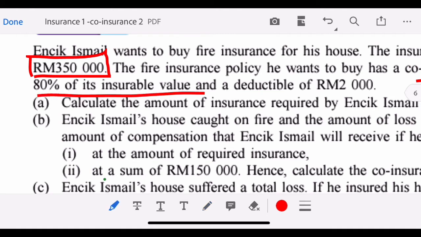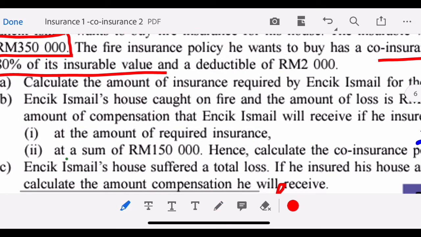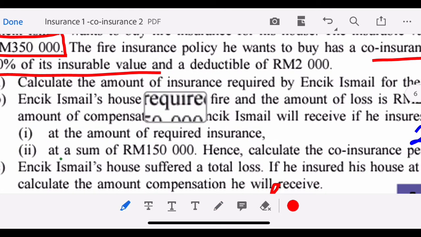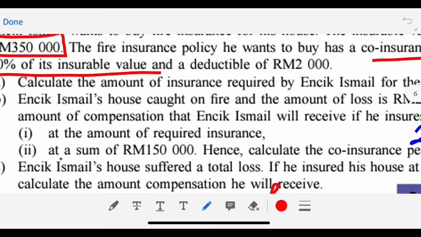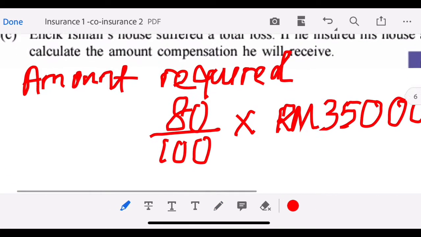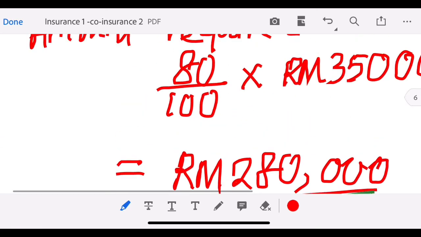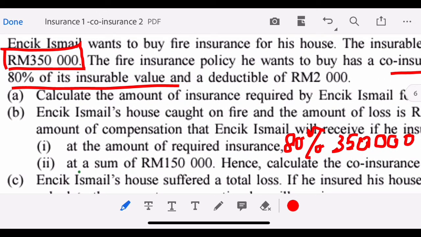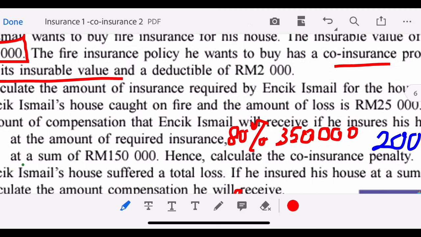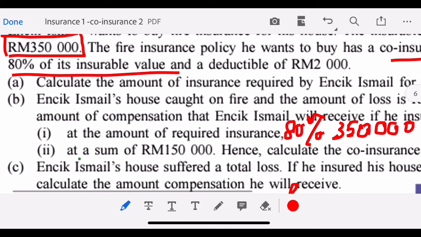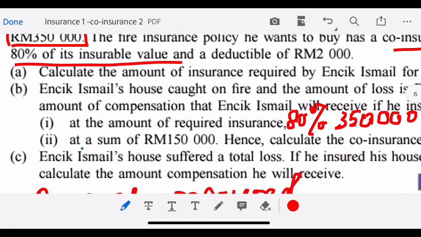So the amount required by the insurance company is 80% of 350,000, the actual value of the house. After we calculate, we have 280,000. This is the amount the insurance company fixes, which is a fixed amount.